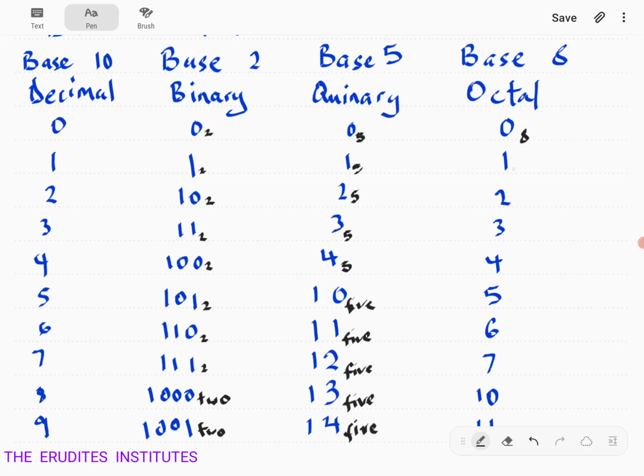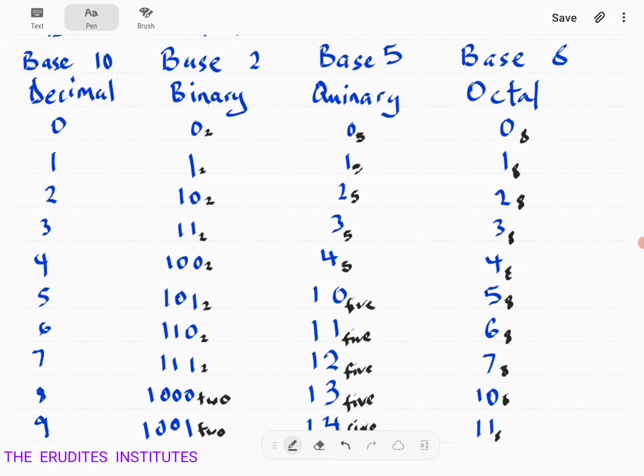We are just going to do this as numbers for base 8, with the subscript 8 on each one.